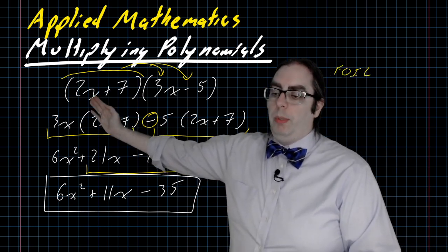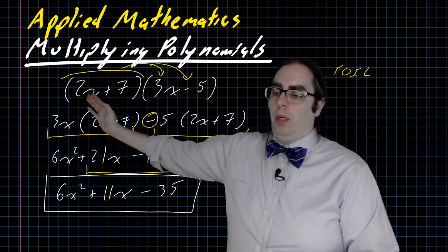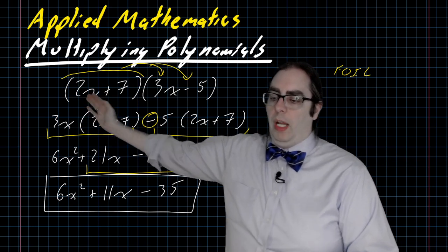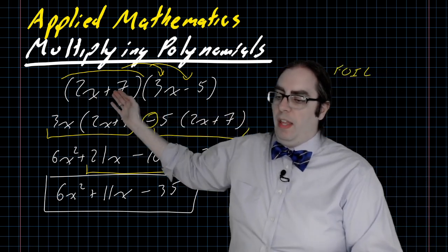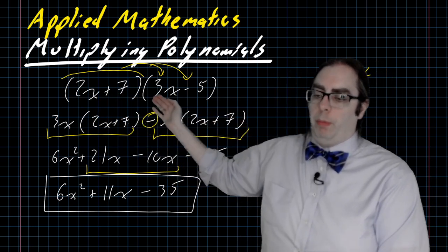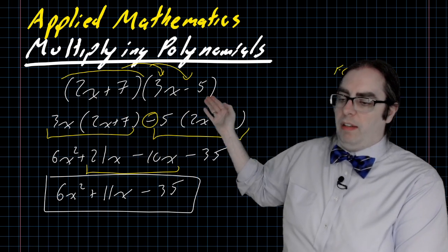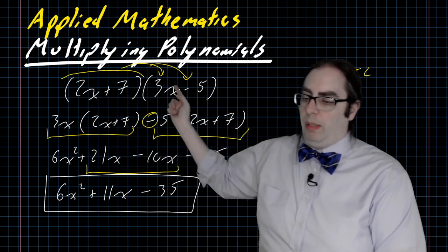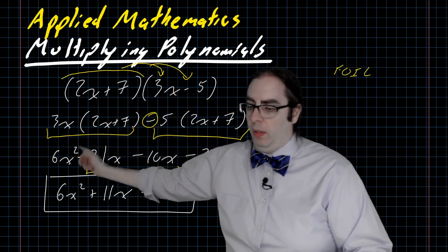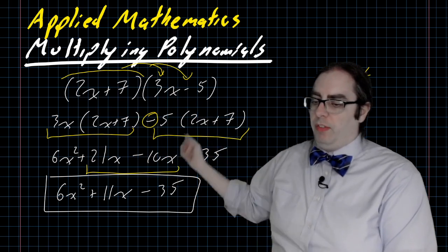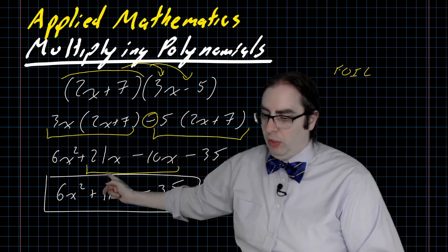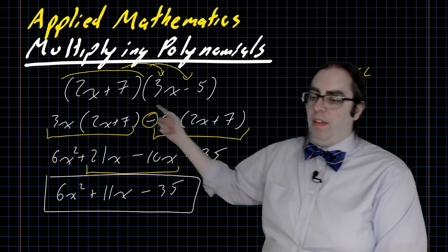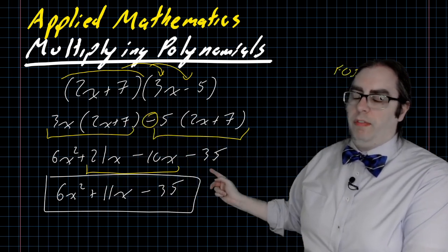But distributing, you can think about it term by term. Take the first term here, 2x, and distribute by multiplying by 3x and by negative 5. Then take the second term, the 7, multiply by 3x, multiply by negative 5. You get 2x times 3x is 6x squared. 2x times minus 5 is minus 10x. 7 times 3x is 21x. 7 times minus 5 is minus 35.